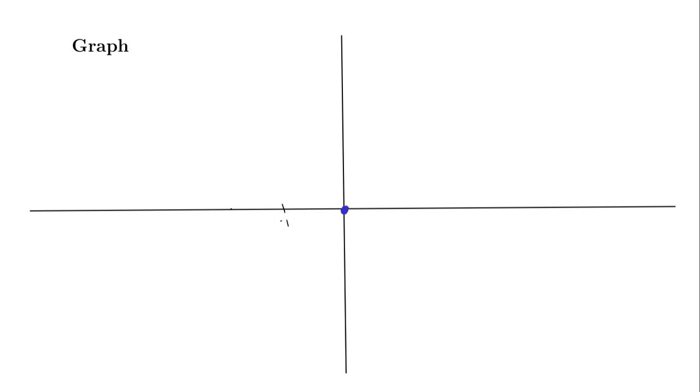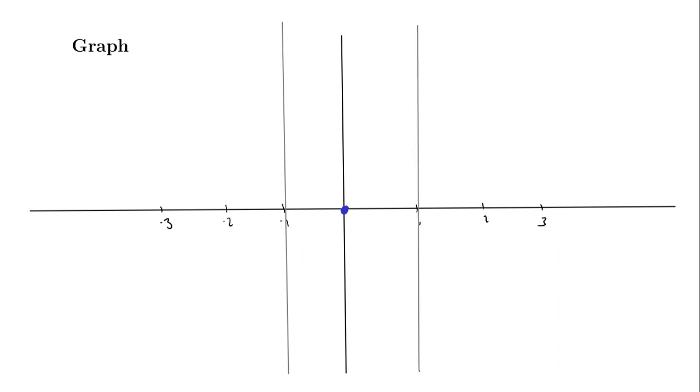There we go. Negative 1, negative 2, negative 3. I'll call that 1, 2, 3. And I'm just going to go ahead and plot these asymptotes here. There's negative 1, and there's 1. All right.